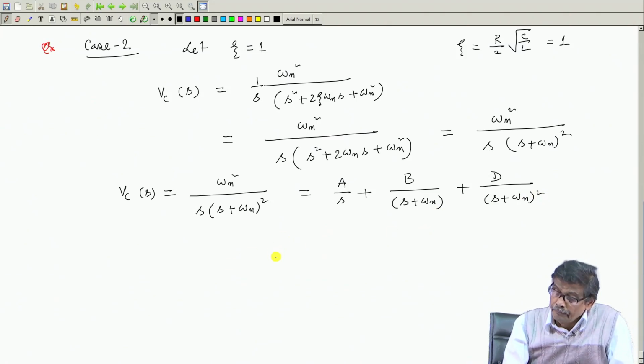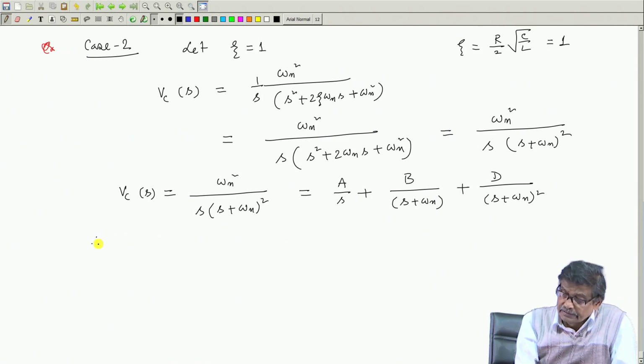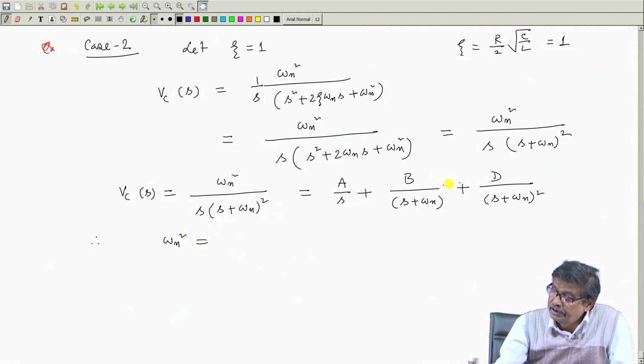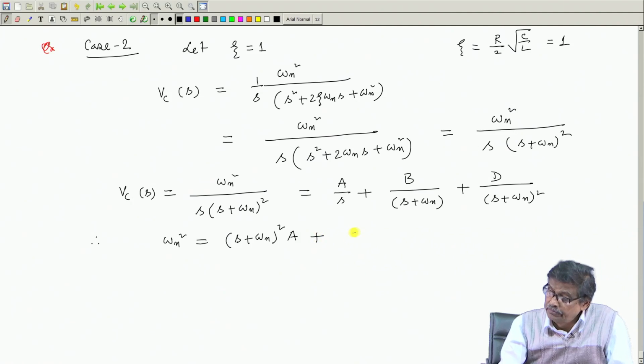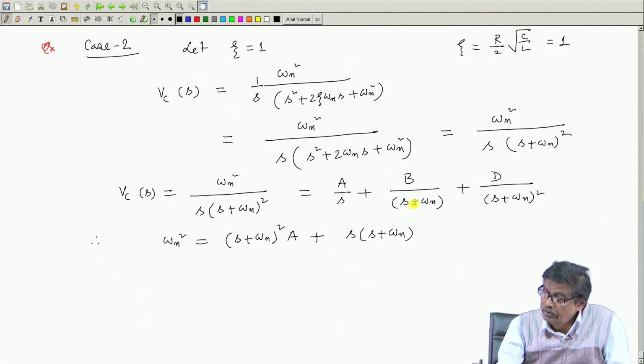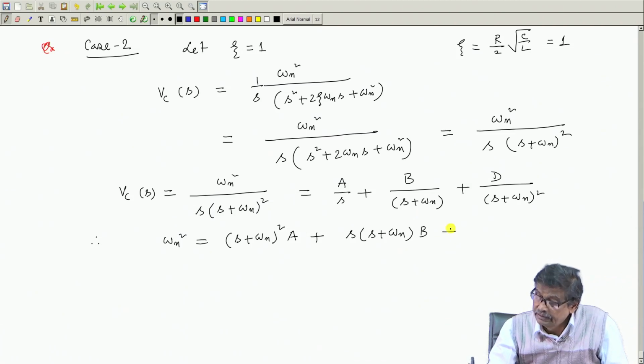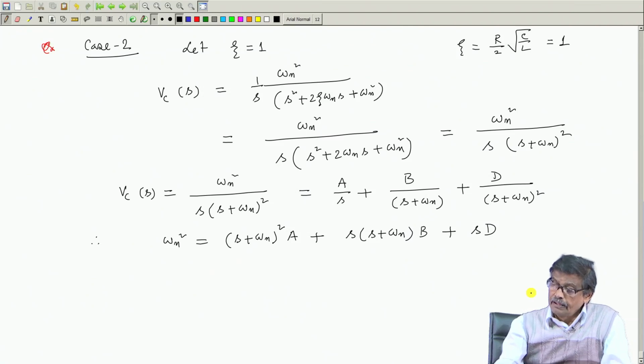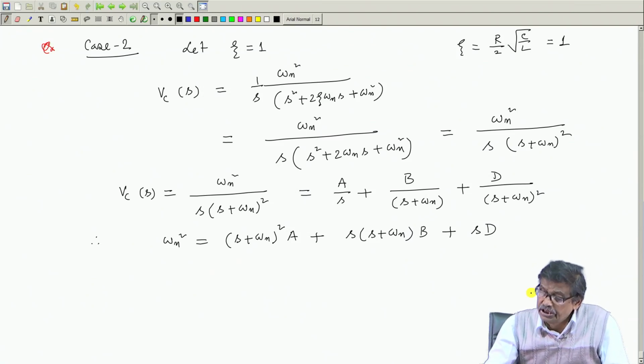So, this can be written as omega n square is equal to s plus omega n whole square into a, plus s into s plus omega n into b, plus s into d. This will be the thing. And I have to find out a, b, d. So, 3 equations you have to form.